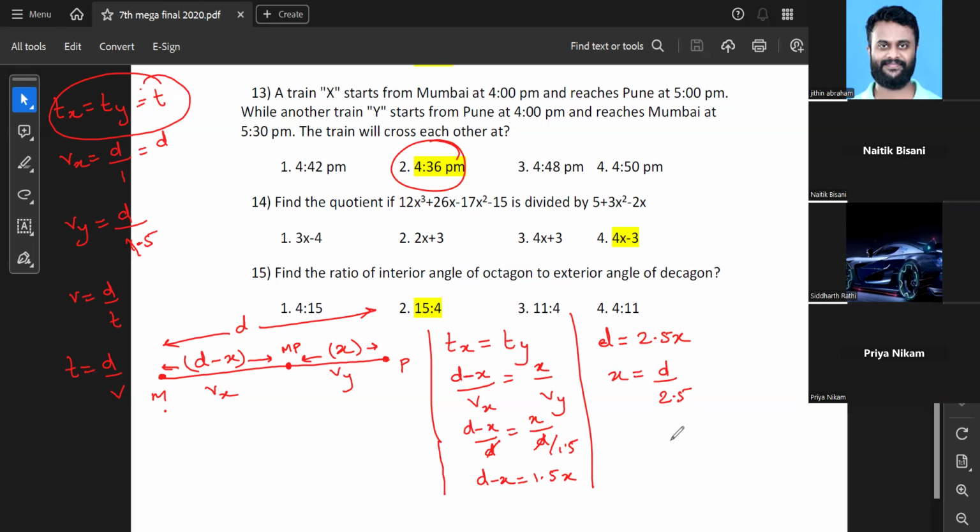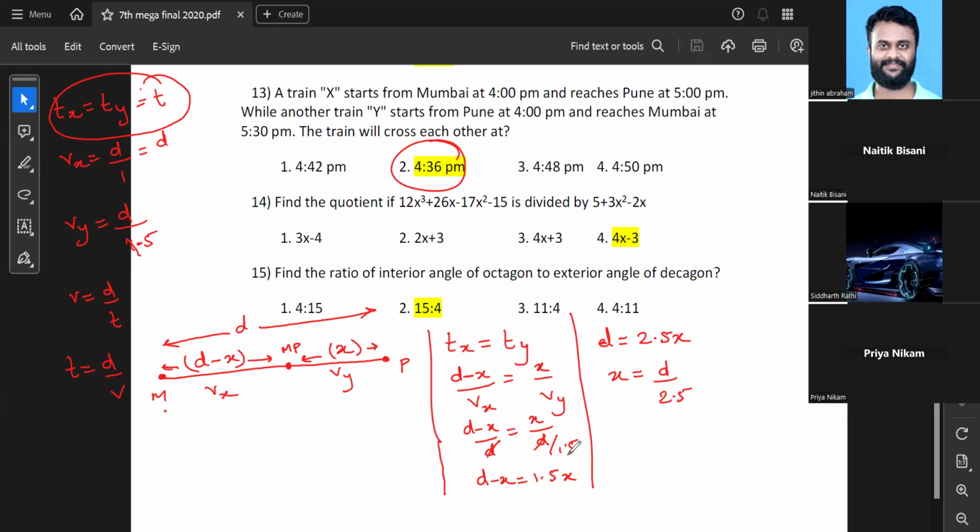Yes, sir. Sir, I didn't understand the D minus X. D minus X over here. Yes, sir. Okay, below that. Instead of speed of X, I've written everything over here. I'm just substituting. So instead of Vx, I'll write D. Instead of Vy, I'll write D upon 1.5.